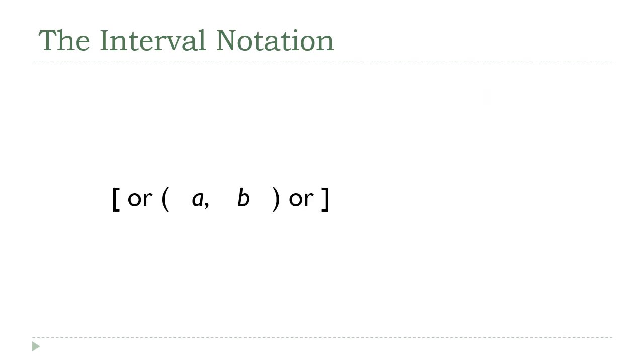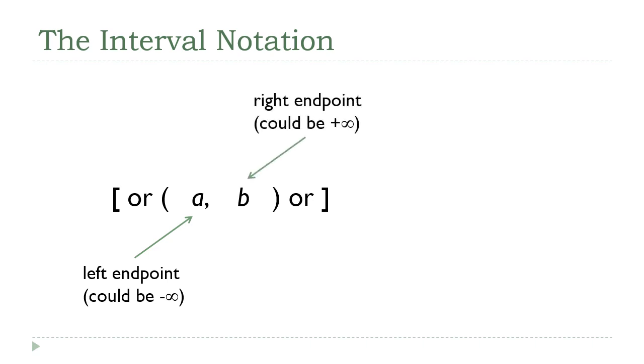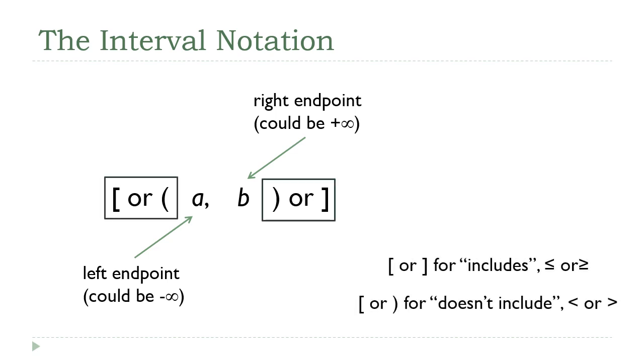So to summarize how you do this notation, we start off with the left endpoint. It could be a number, it could be negative infinity. Then we do the right endpoint. Again, it could be a number, it could be plus infinity. And then we think about what we put at the ends.